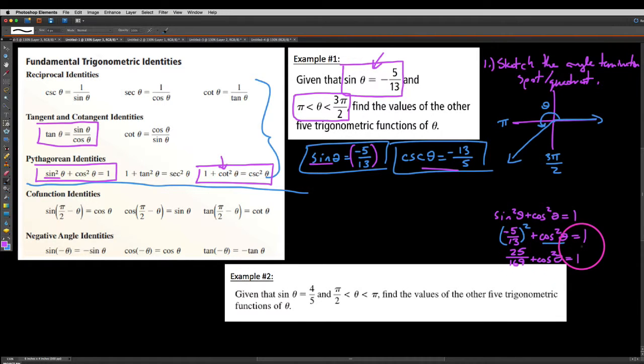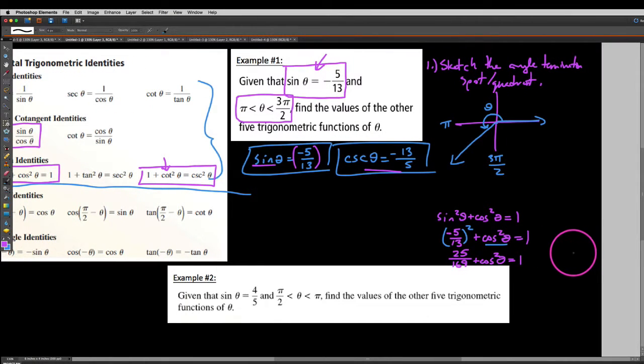Now I'm going to scroll over a little bit here. Because this is true, we need to solve for cosine since that's what we're after. Notice that when we do these Pythagorean identities, on all of them there's a 1 involved. The beautiful thing about a 1 is that when you are trying to subtract 25/169 from both sides, the common denominator between 1 and any fraction is just the denominator of that fraction.